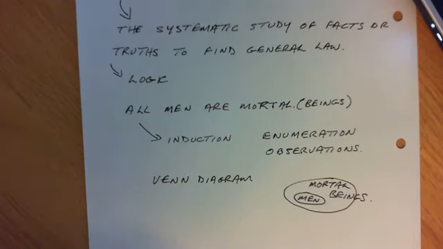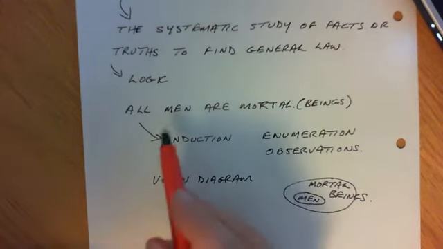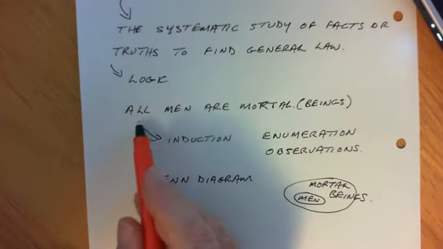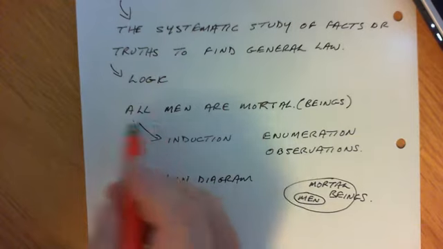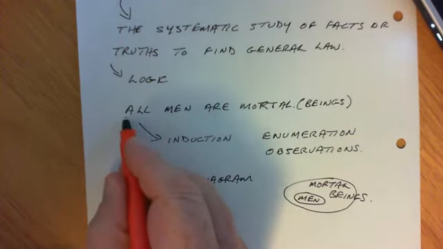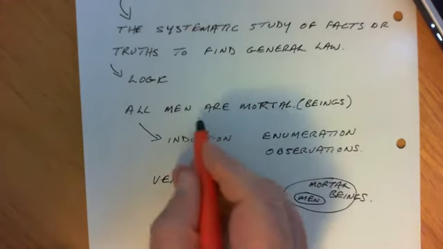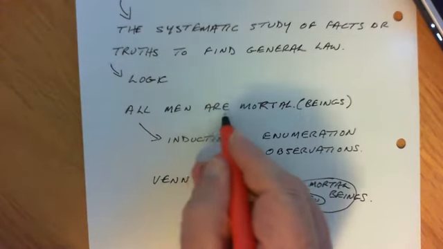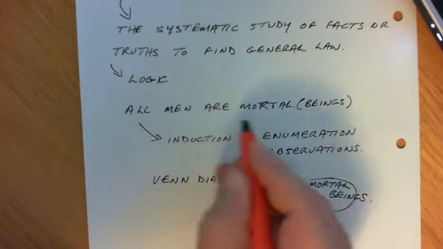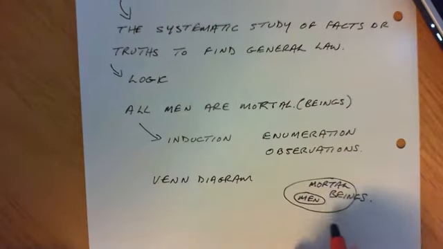So that seems fairly straightforward, really. We have a statement up here, which we call a universal affirmative statement. It's universal because it applies to all. It's affirmative, we're saying that all men are mortal beings. And we can see a picture of it down here.